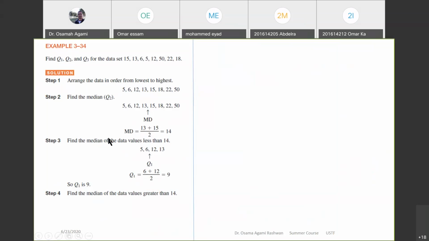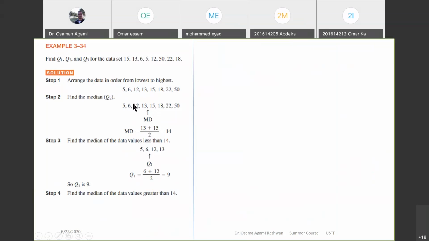How to find Q3? Okay, so you go for the 75%. Q1 is after 25%. I have 8 data, right? So of the 8 data, 25% of them is 2, right?